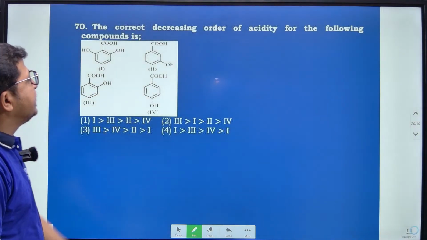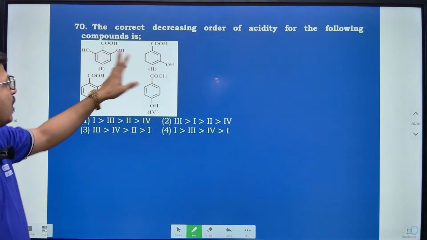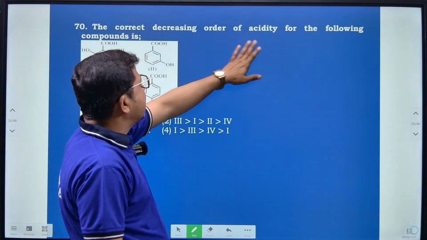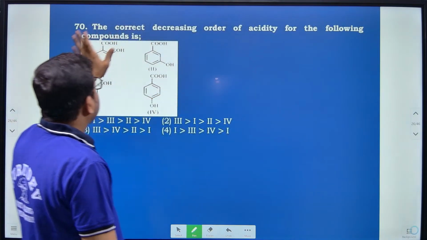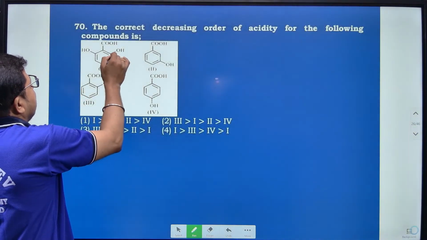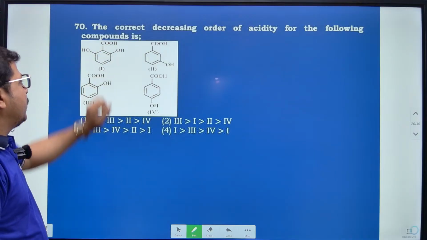The correct decreasing order of acidity of the following compounds is. See here, it is having 2,6-dihydroxybenzoic acid.